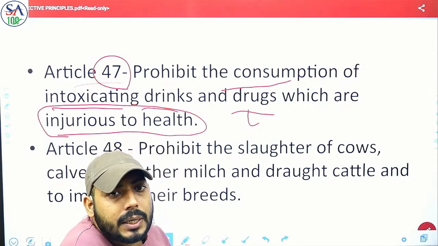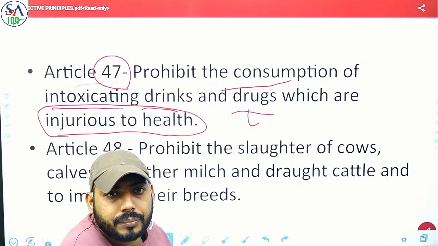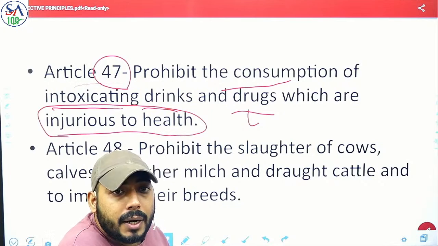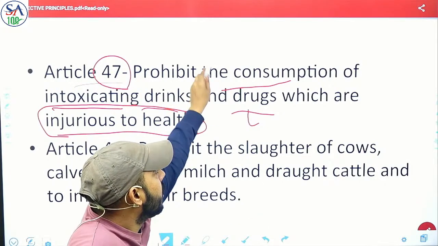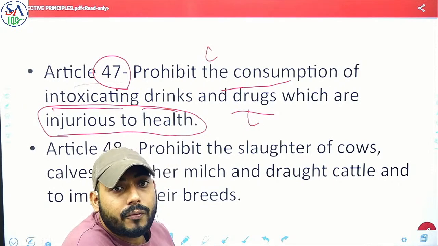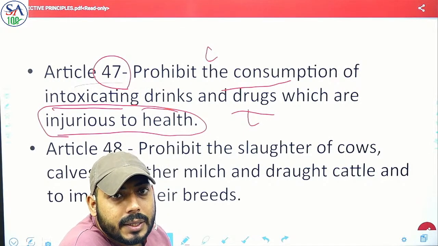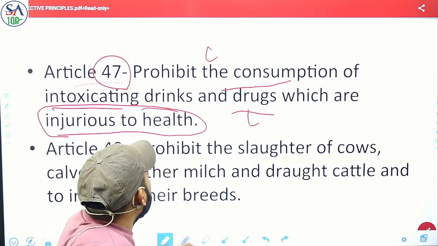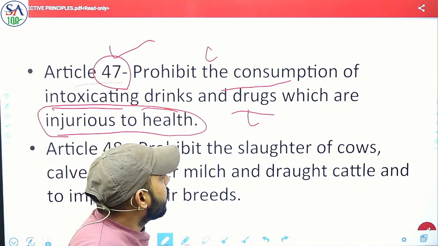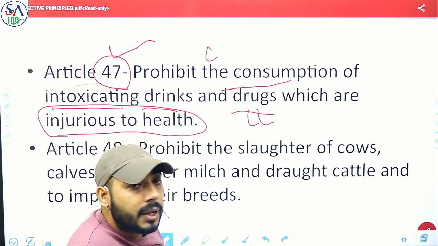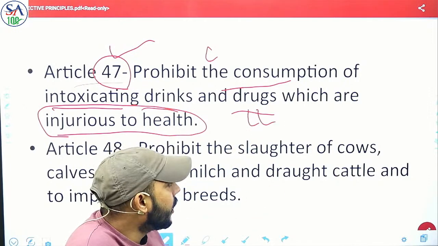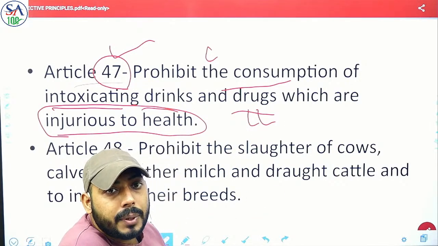For example, states like Gujarat and Bihar have banned the sale of liquor and the manufacturing of liquor in their states. That is done under Article 47. Drugs are also not freely allowed in the country.